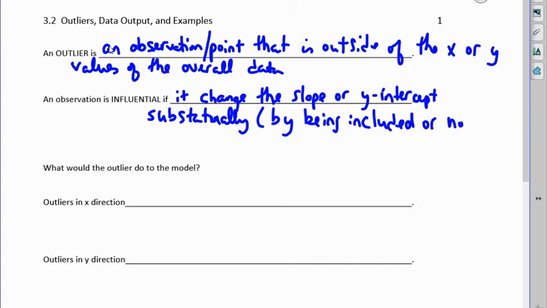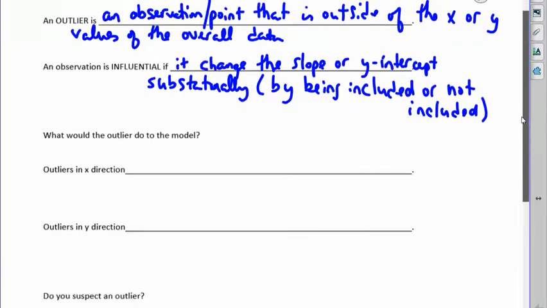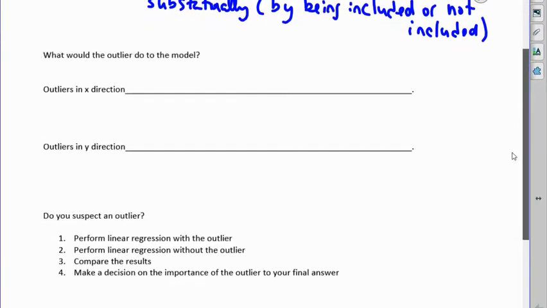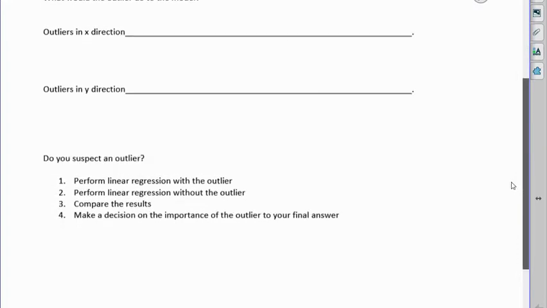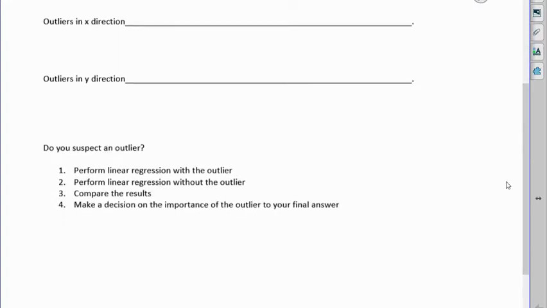That's an important fact when working with outliers: you need to run the linear regression with the outlier, and you need to run the linear regression without the outlier to see if that outlier is influential and to help you make a decision.